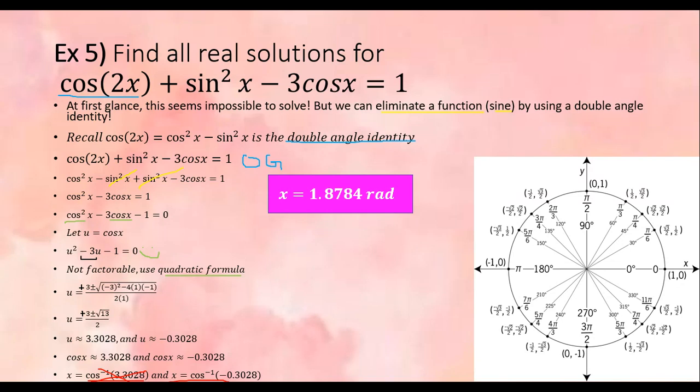And I brought that up. I don't know if you guys remember. When we first started talking about the unit circle and how many radians go around the unit circle, regardless of the diameter or the radius length, it's always going to be a little over 6. I think it's like 6.2 something.